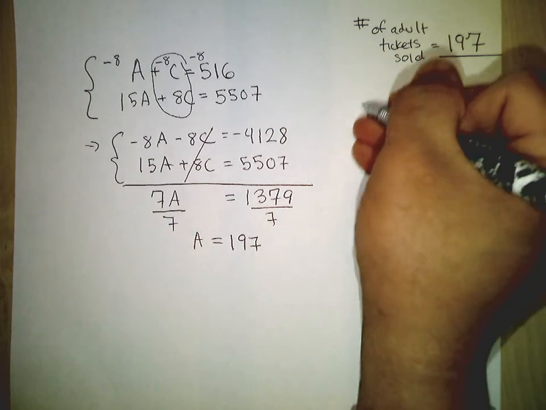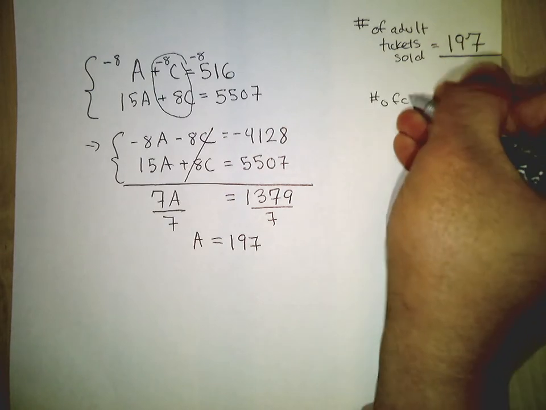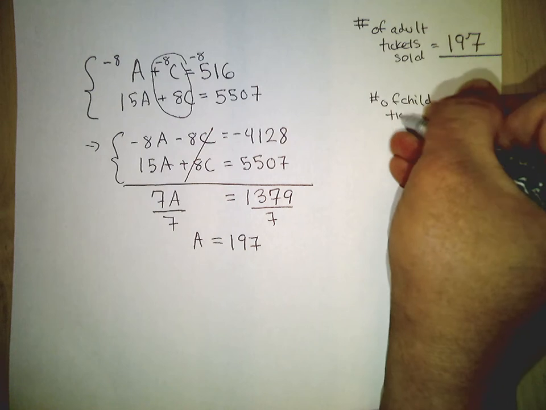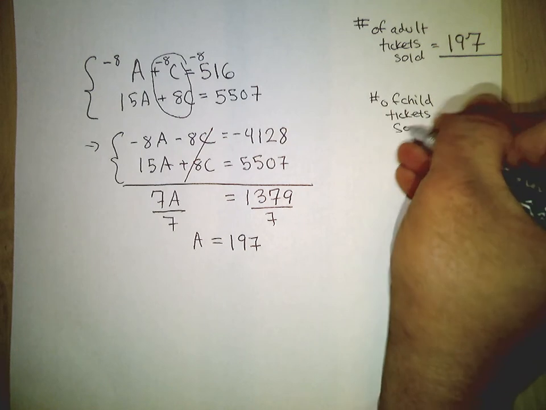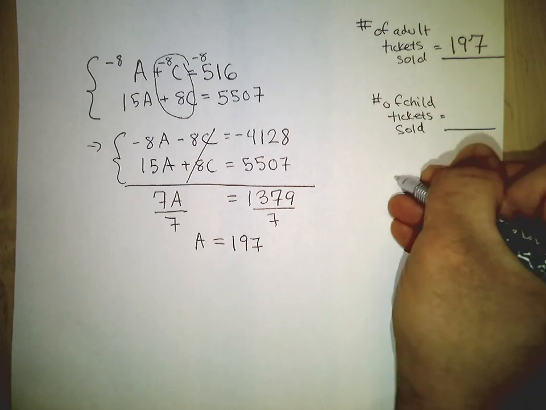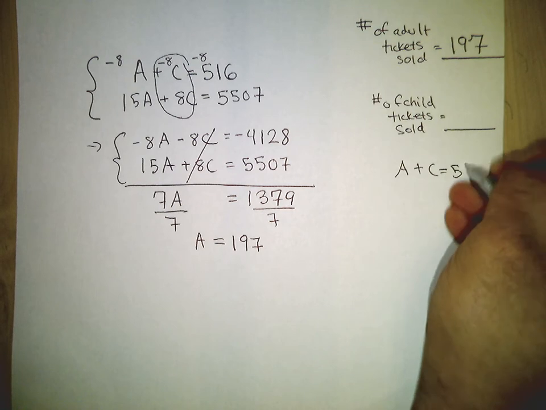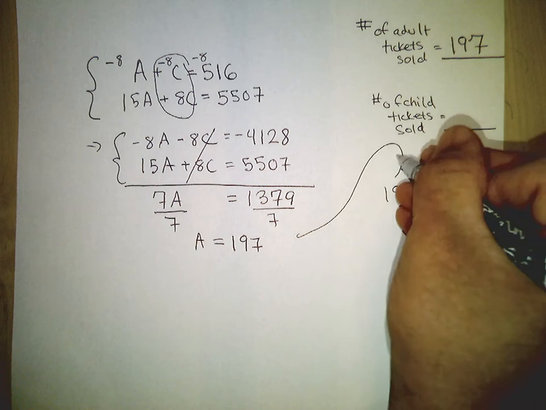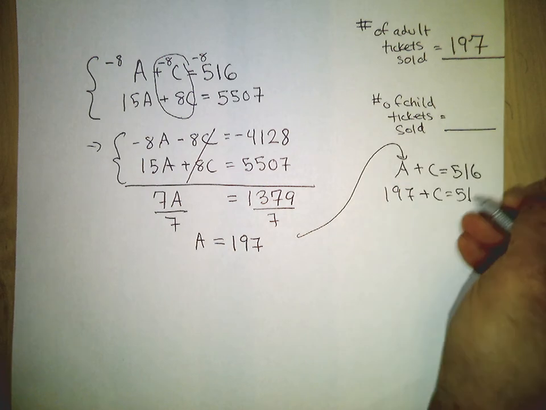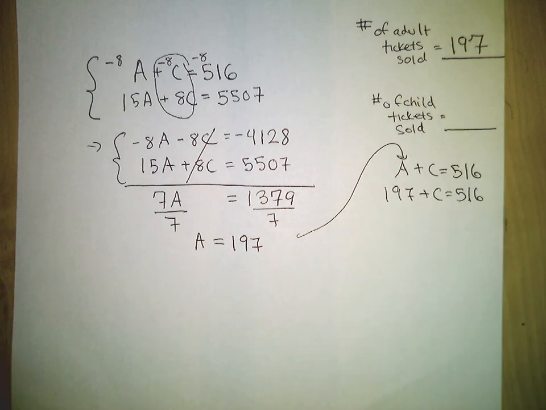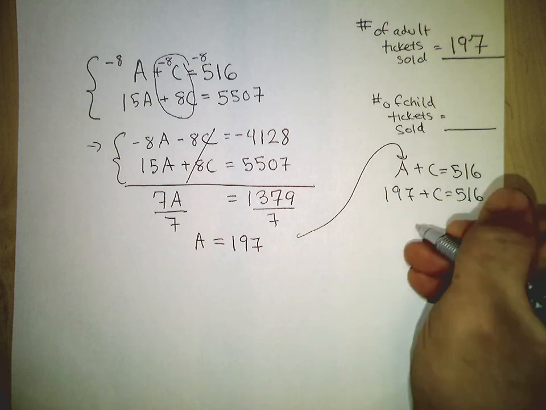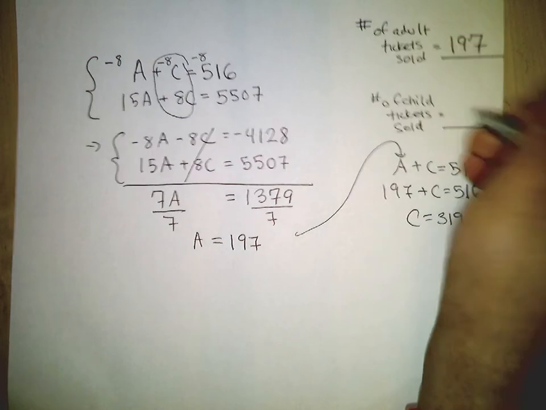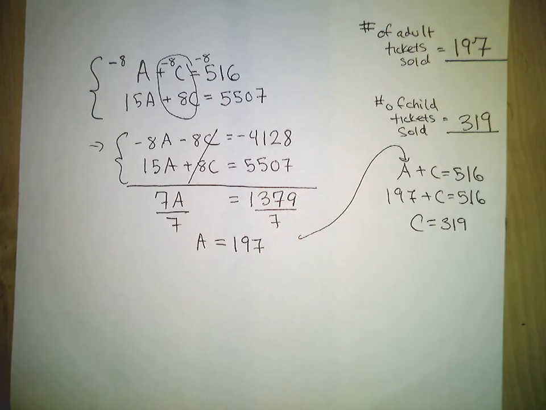Now, if they asked me for the number of child tickets sold, instead, I could find that out easily because A plus C was 516. I can substitute the 197 and then subtract the 197 from 516 to get that there were 319 child tickets sold.